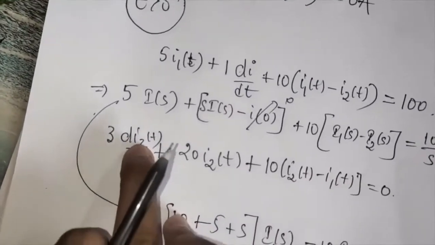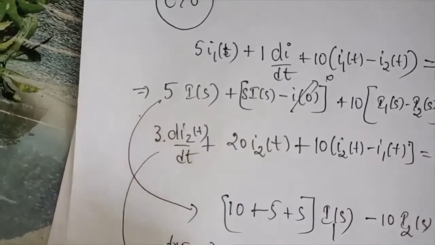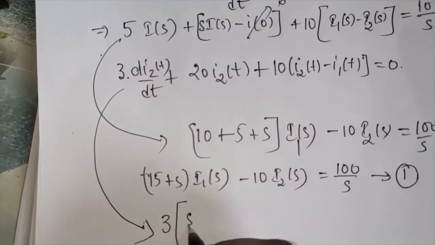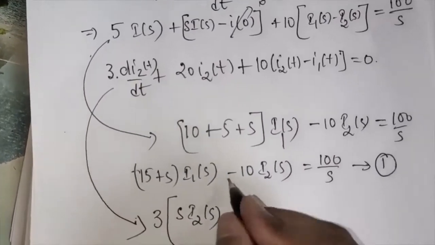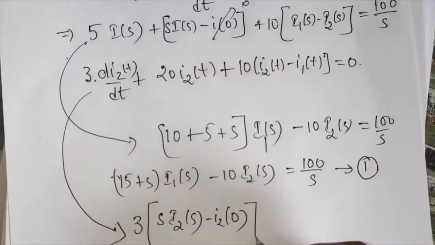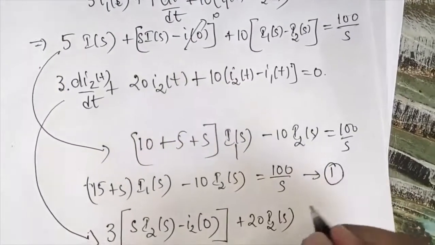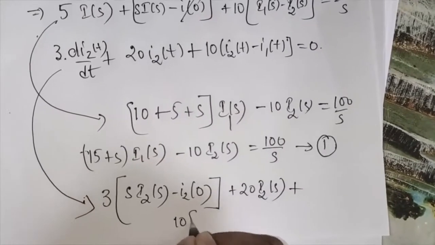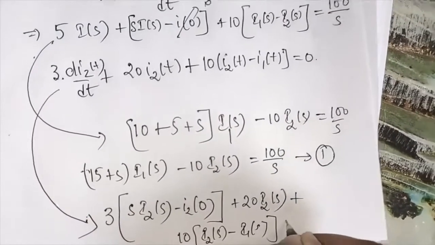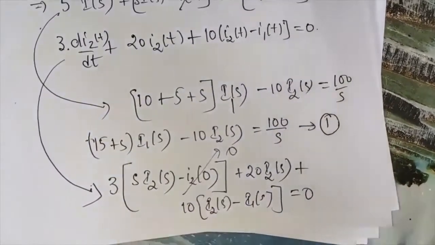After applying Laplace to the second equation, this becomes 3 into s into I2 of s minus I2 of 0 plus 20 into I2 of s plus 10 into I2 of s minus I1 of s is equal to 0. The initial value I2 of 0 is also 0.